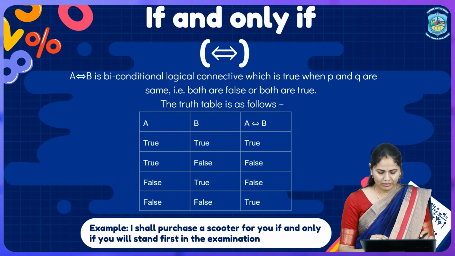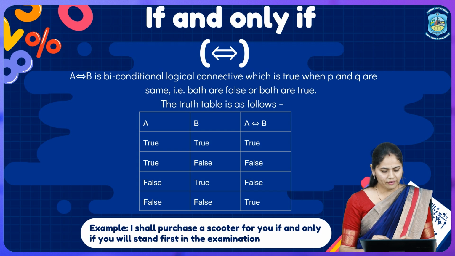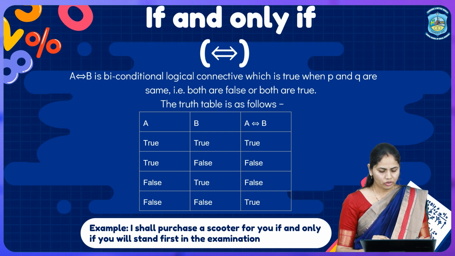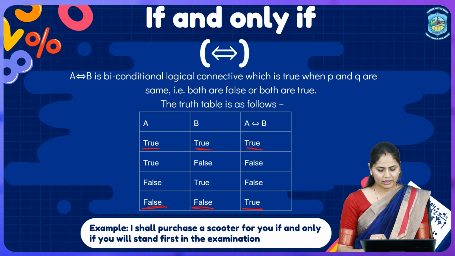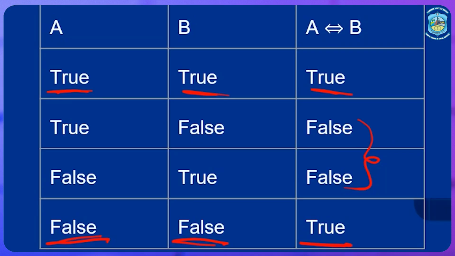Here also we have an example. I shall purchase a scooter for you if and only if you stand first in the examination. So, if both the statements are true, then true, or if both are false, then true, otherwise false. If any one condition is false, then the truth value will be false.